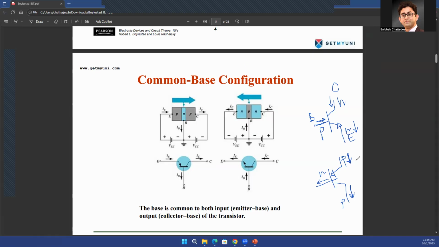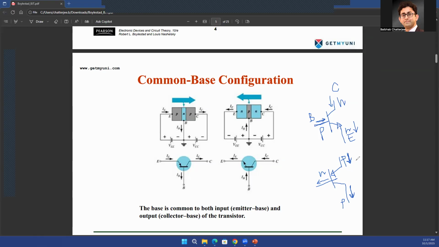Okay, so the way the emitter and collector names work could be very confusing, and that's why the nomenclature is set in a way that the emitter is always the emitter of majority carriers. The emitter is not the emitter of current, rather the emitter is the emitter of majority carriers. So whatever majority carrier you have, for an NPN, the majority carrier is electron.